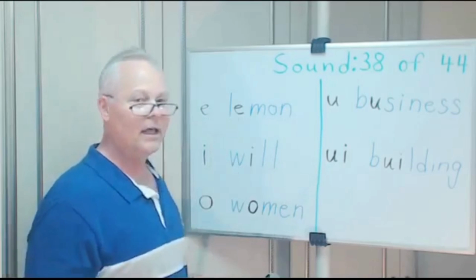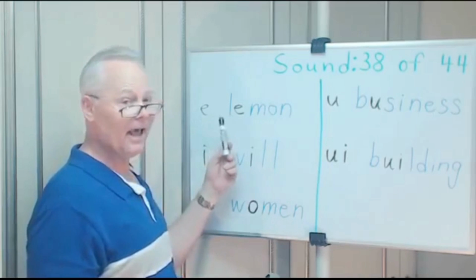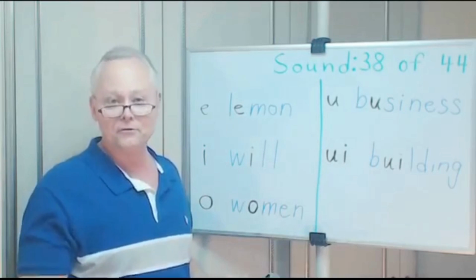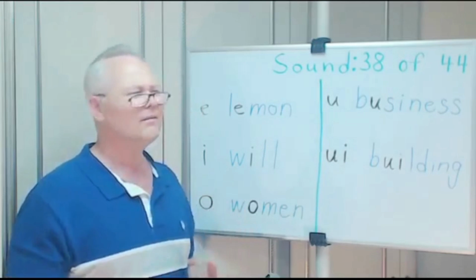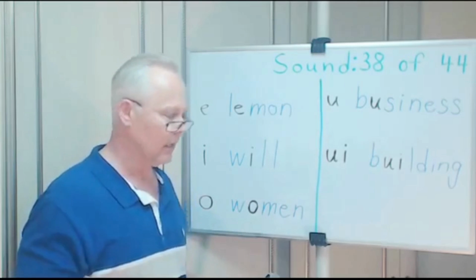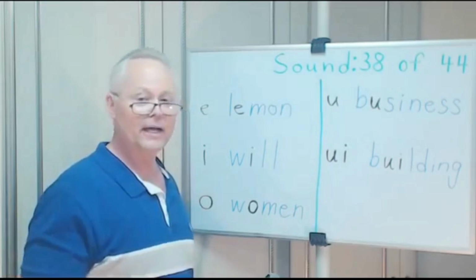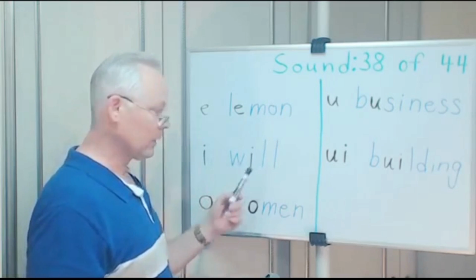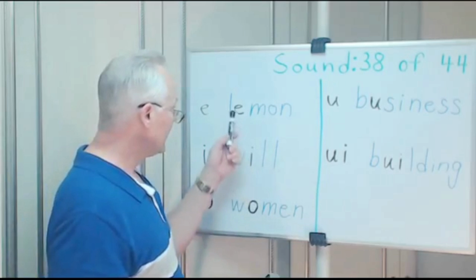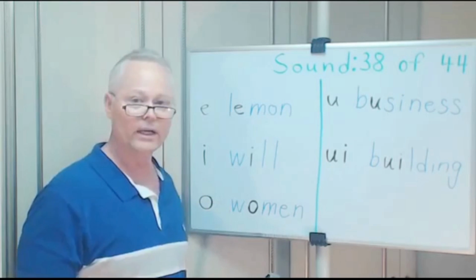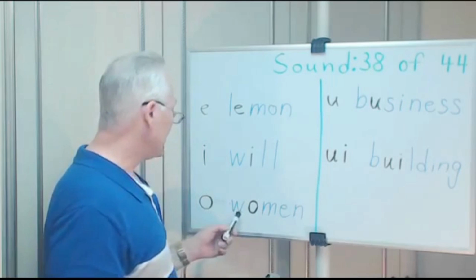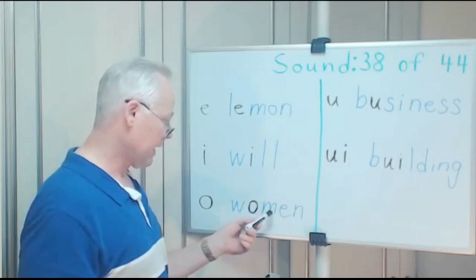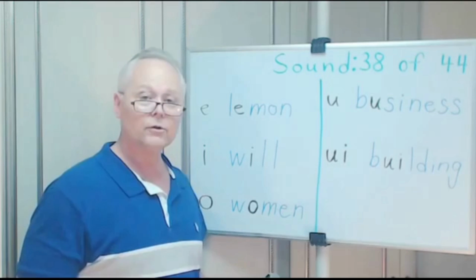Here we have the word lemon with the letter E, lemon. Lemon is a fruit, a citrus fruit. Yellow, very, very sour. Ugh, if you bite into one, but tastes great. Lemonade. We have the letter I in the word will. Will. Now, this letter, O, in this word, W-O-M-E-N, it's pronounced women.